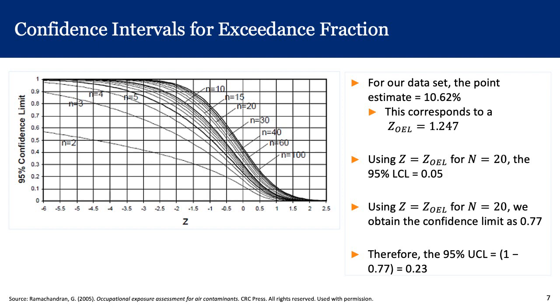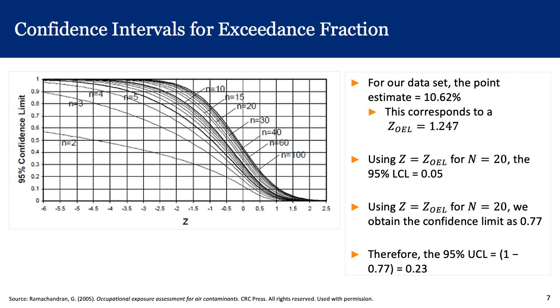To find the upper confidence limit, we set z equal to minus z sub OEL, or minus 1.247. And again, that is in the middle of the x-axis here, between minus 1 and minus 1.5. Again, go up to n equal to 20, and you will get the upper confidence limit as 0.77.